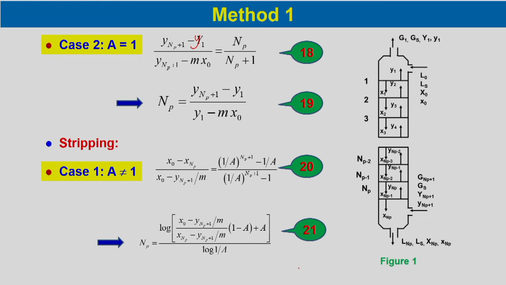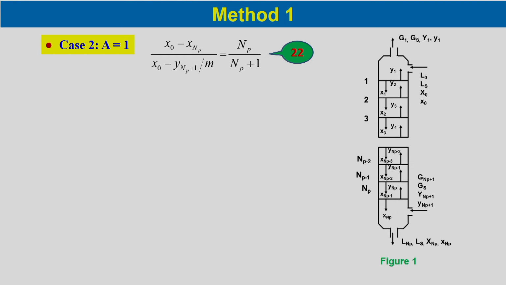Here if we take the log, we would obtain this relation where the terminal concentrations are known, and knowing the values of the absorption factor, all these are known factors. So, we can calculate the number of plates required for stripping as well.